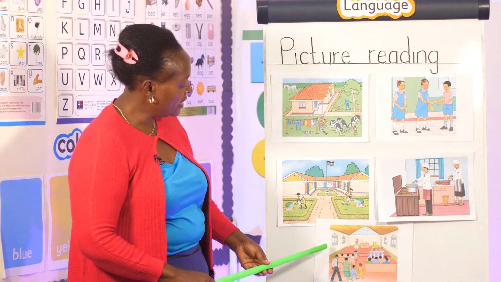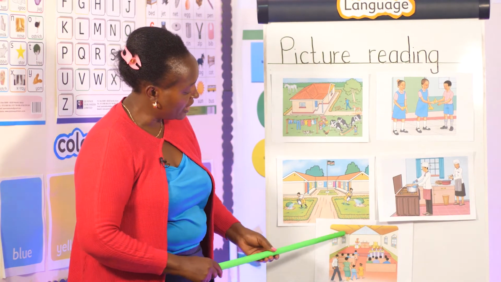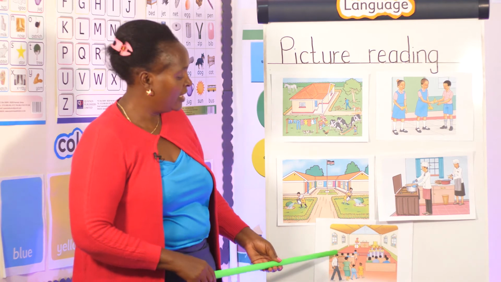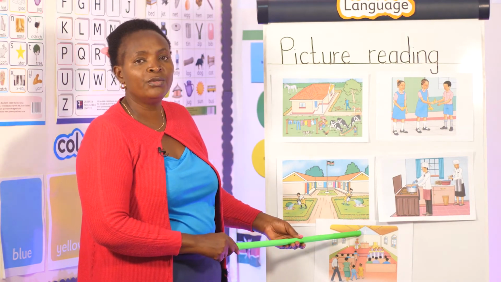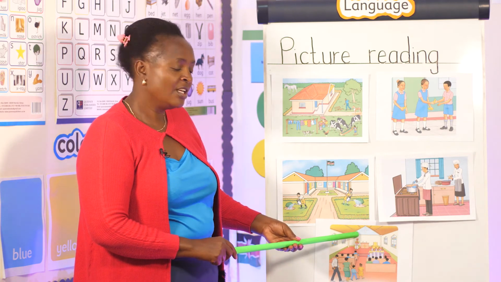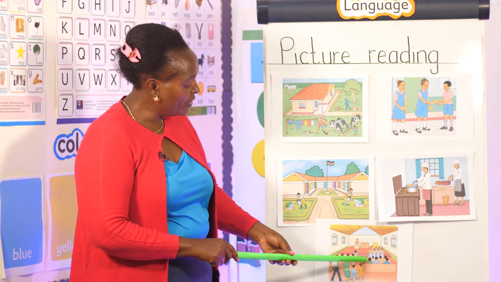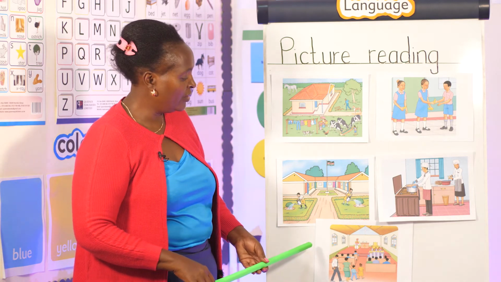Okay? Now in the last picture here, when you look at it, you can tell which place this is. Of course, we see a cross here. What does that tell us? It tells us that this is a church. And we can see people in the church, different groups, and others getting in, okay?